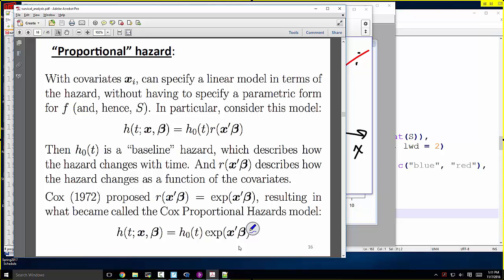We're saying that there is a fixed effect of each covariate regardless of time. Like treatment effect is going to be assumed to be the same regardless of time. It is to multiply the baseline hazard by some fixed constant. That's a fairly strong assumption, so we do need to be a little bit worried about whether the assumptions of the model hold.